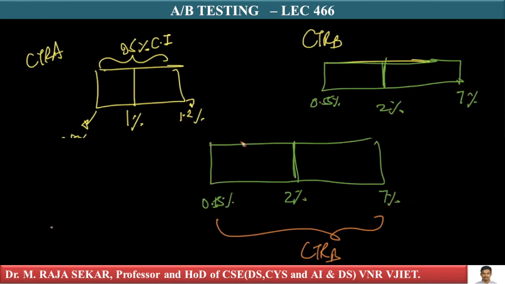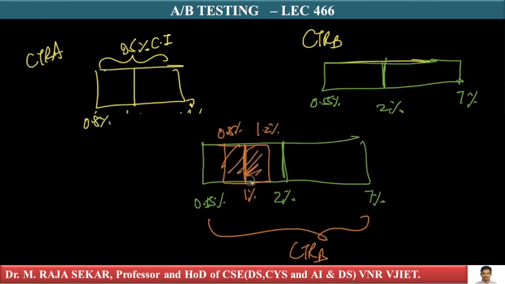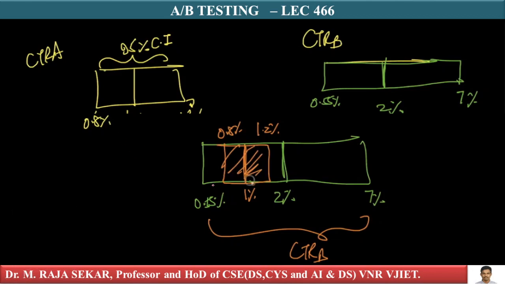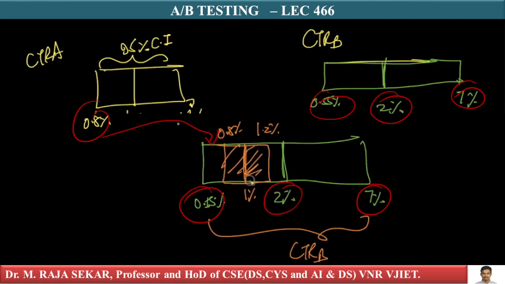Now let's overlap both of them. This is 7%, this is 2%, and this is 0.55%. If I overlap, the 0.8 will come here.